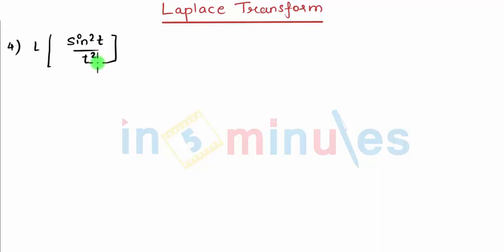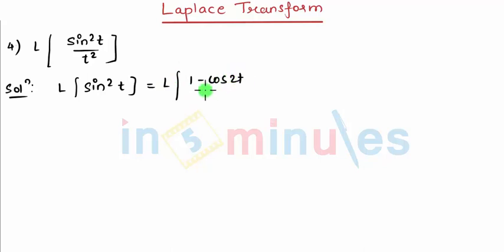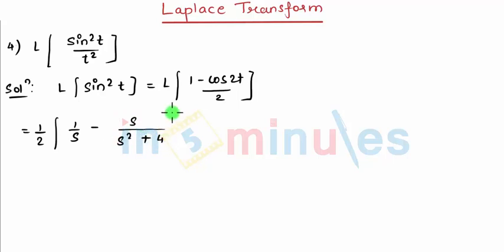So let's start. First we need to find Laplace of sin square t, which is nothing but Laplace of 1 minus cos 2t divided by 2, which comes 1 by 2. Laplace of 1 is 1 by s, minus Laplace of cos 2t is s upon s square plus 4.